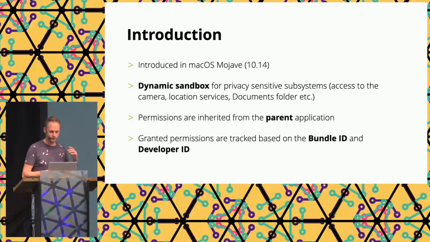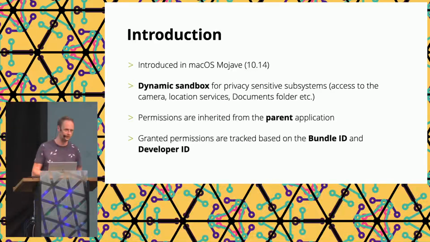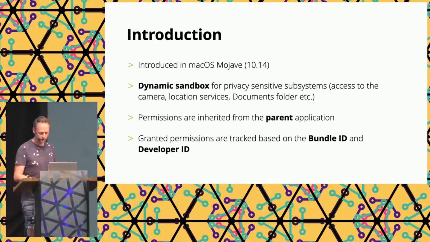So the implementation looks at your bundle ID and your developer ID, and if that matches with the internal TCC database, the permission is granted, and otherwise the user will get a pop-up to confirm if the user wants to allow a certain action or not.